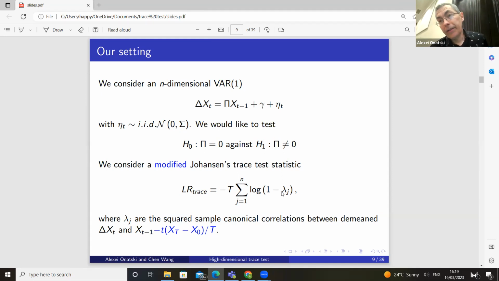And the only deterministic term that I'm including in this vector autoregression is constant gamma. Okay. Well, and I also require that my errors here are IID normal, but the variance-covariance matrix of this IID normal can be arbitrary.